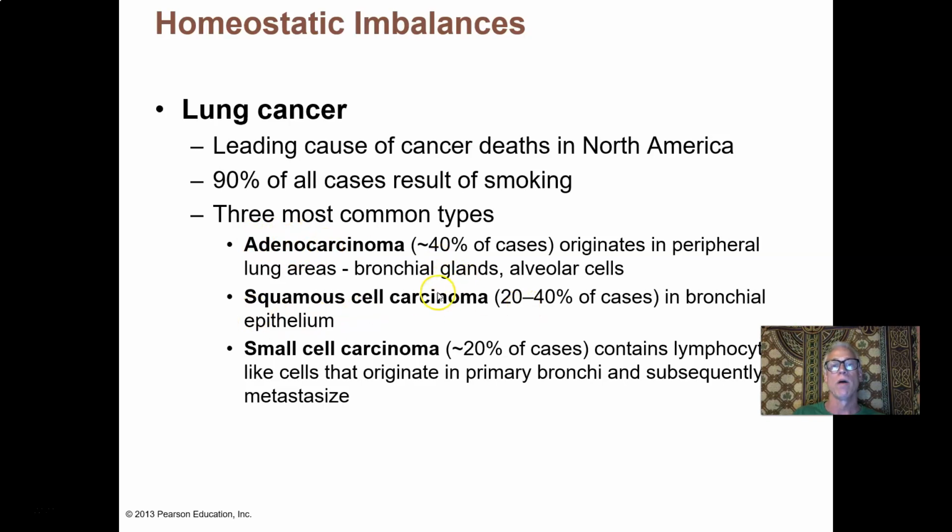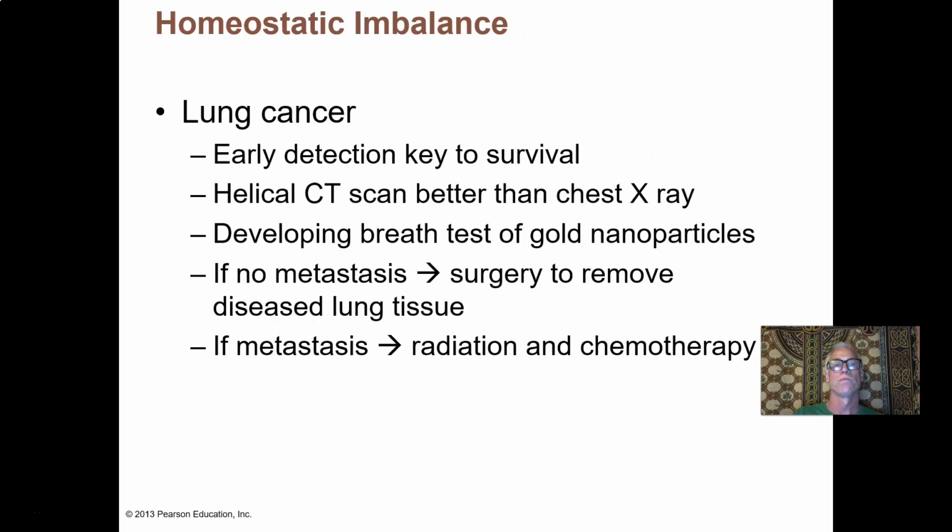A squamous cell carcinoma arises from epithelia of the bronchi or bronchioles. And small cell carcinoma arises from white blood cell, lymphocyte-like cells in the respiratory system. These are the types of cancers that may be the fate of a long-term cigarette smoker. Most people that get lung cancer are long-term cigarette smokers.